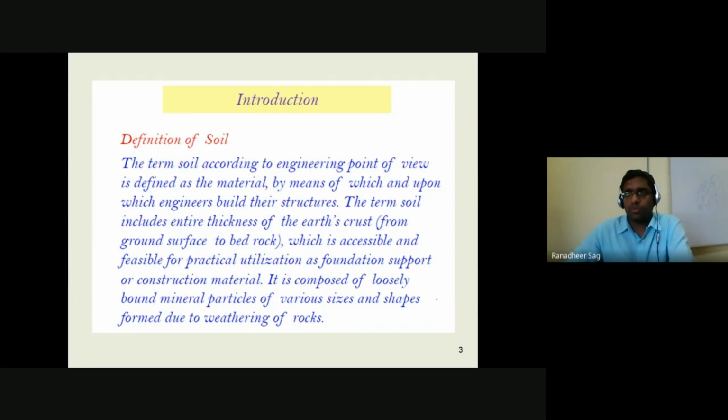Now coming to what is meant by the soil mechanics or geotechnical engineering. So before we go on to understand what is meant by soil mechanics or geotechnical engineering all about, first let us understand what is meant by soil. Okay, soil is basically nothing but it is one type of material what we are going to be talking about in civil engineering, because in civil engineering we come across with different materials.